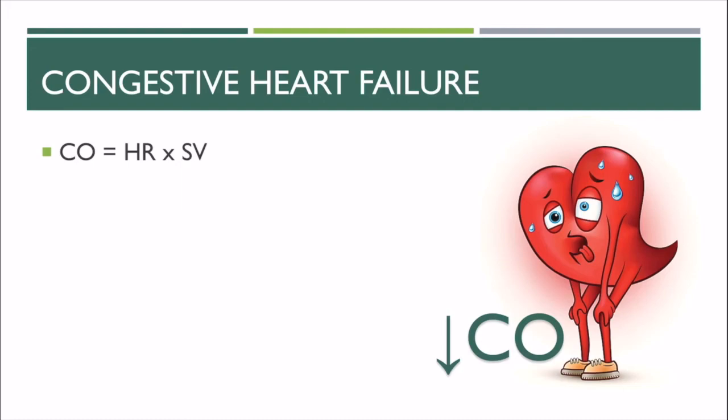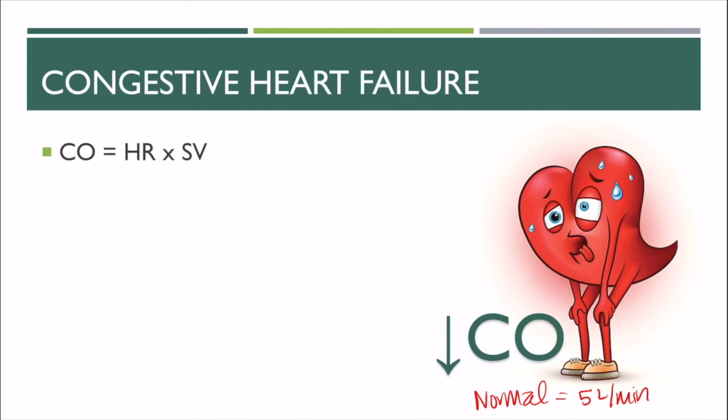So this is going to, again, get us into a review of some of our basic cardiac physiology. It's very important to remember and think through what makes up cardiac output. Cardiac output is the amount of blood that we are pumping out per minute. So it's in liters per minute. And of a normal cardiac output, we would expect that we can pump out about 5 liters per minute.